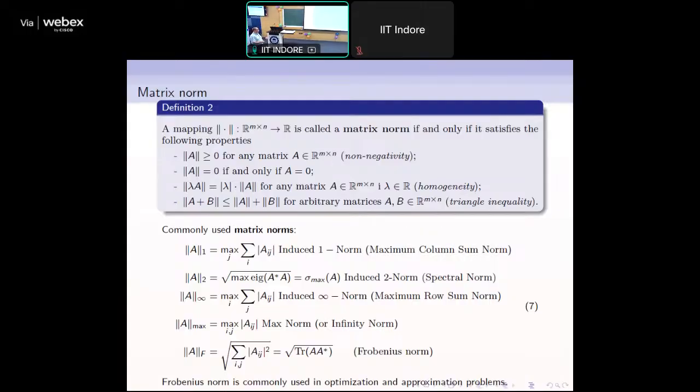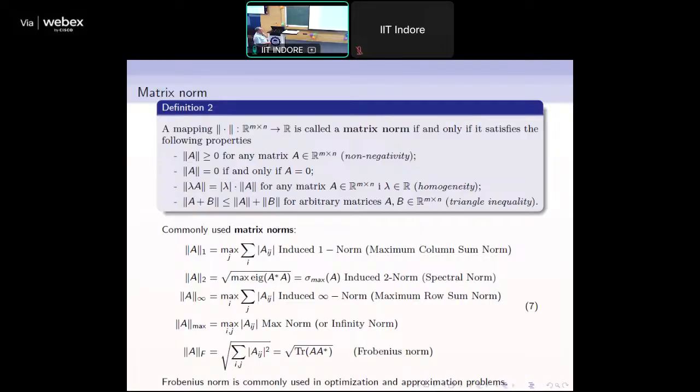There are several definitions of matrix norms. One norm, or maximum column sum norm. Induced 2 norm, spectral norm, maximal eigenvalue, sigma maximal.